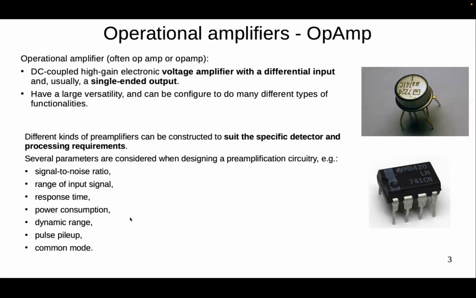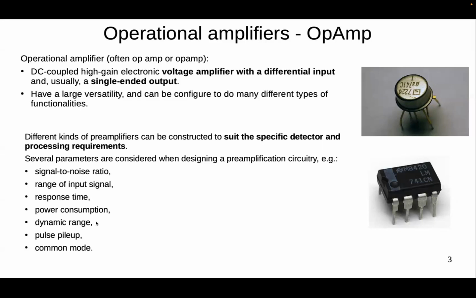I always thought that the dynamic range refers to the range of the input signal, so how robust it is, for example. I think it is the same. I don't remember where I copied this from, but I'm not sure.